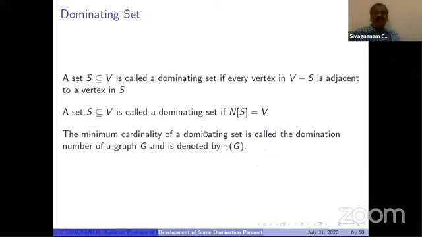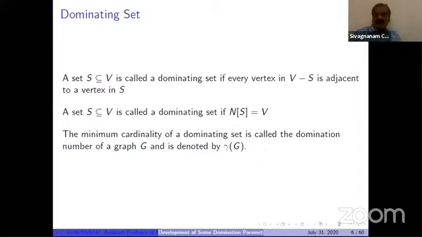S is a set, and we find N[S], the closed neighborhood set of S. If this N[S] is equal to V, then S is called a dominating set. This is another definition in the form of the neighborhood.